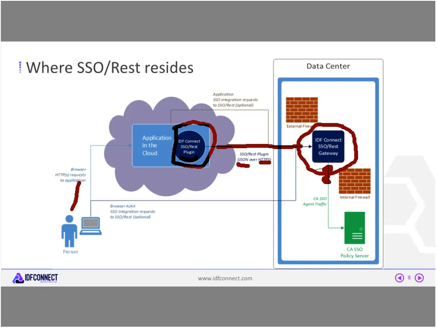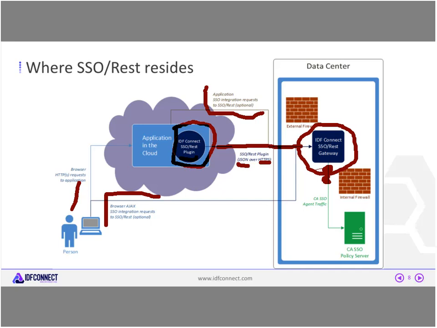So just real quickly, in addition to the plugin capability, you also have to remember that both the application and the browser or client can also directly talk to the gateway. The gateway's got, as I said, 20-25 different web service endpoints.